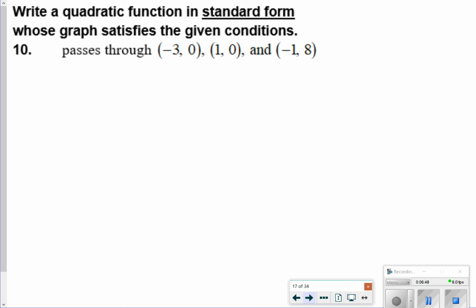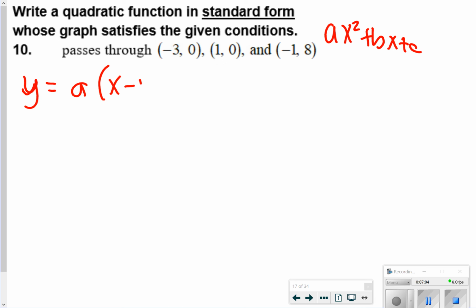This one we're going to write in standard form. So remember, standard form is ax squared plus bx plus c. And to see what that would look like passing through all these points, since you're given 3 points, I would start off using your intercept form, which is a parentheses x minus p times x minus q, and then plug in your values.